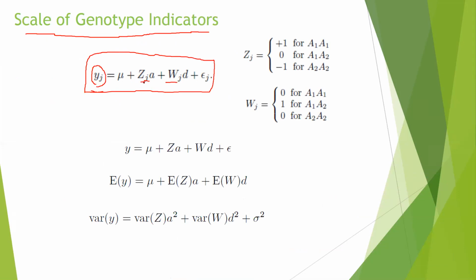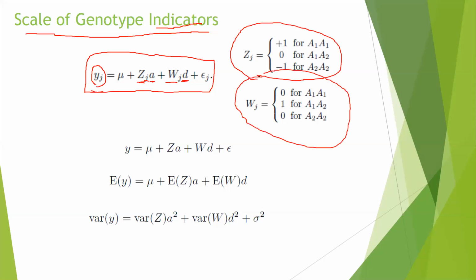Here we use two random variable indicators to represent the genotypes, which are associated with the additive effects and the dominant effects. This is how we define these two random variables, right? No problem here, right? This is very, very important, a very basic thing. Don't be confused here. Otherwise, there will be a problem.